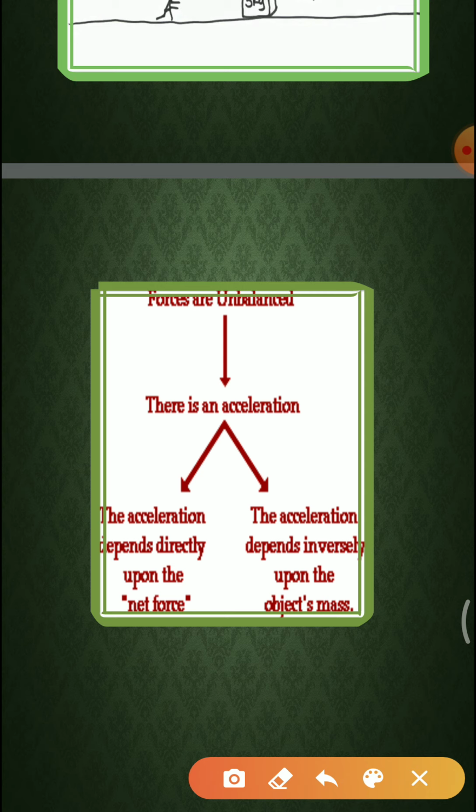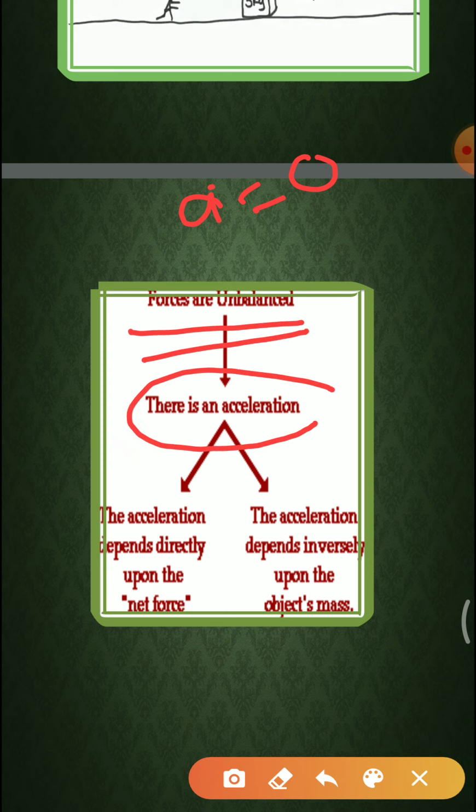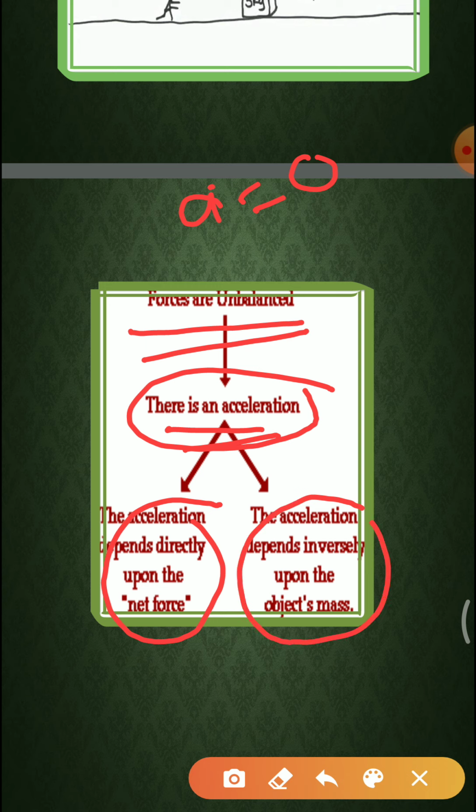In balanced forces, acceleration becomes zero. But in unbalanced forces, acceleration is not zero. The acceleration directly depends on the net force, and is inversely dependent on the mass of the object.